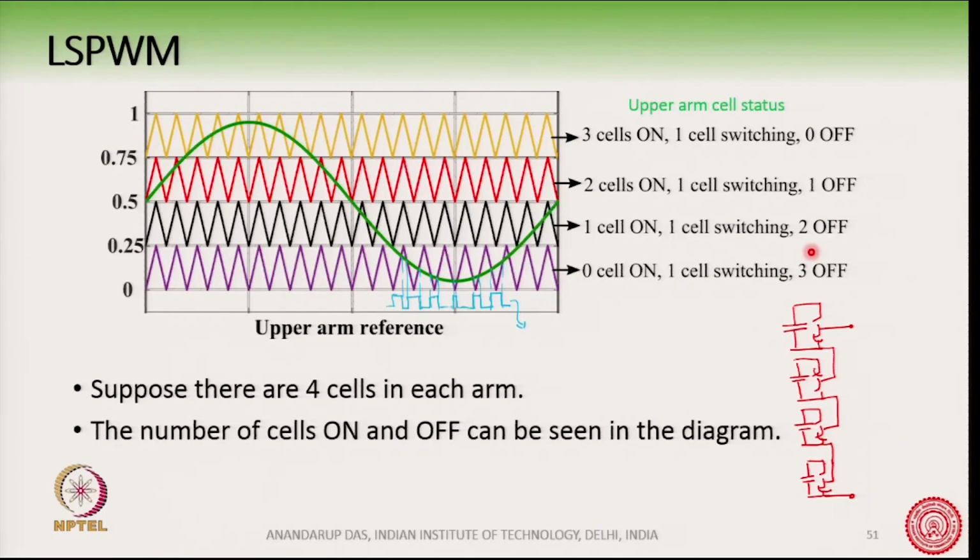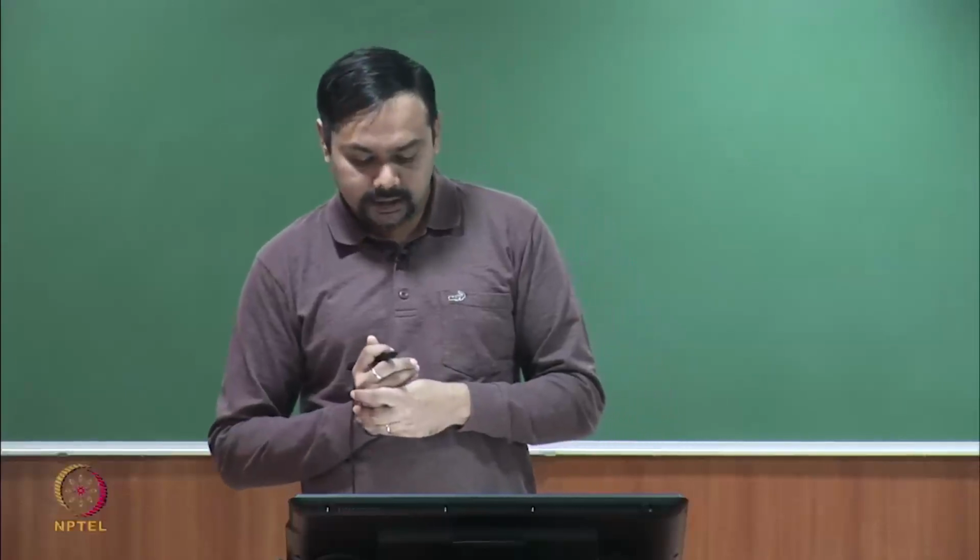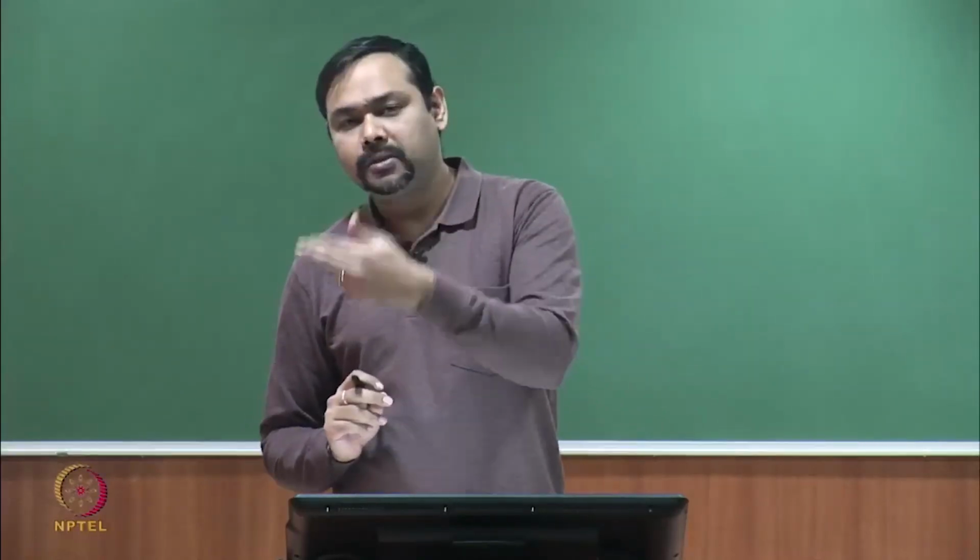I have only talked that some cells are on, some cells are off, and one cell is doing the switching action. But which cell is doing what action is not told here. Which cell takes the responsibility of being turned on, which cell is to be turned off, and who will do the switching, that will be decided by the sorting algorithm.